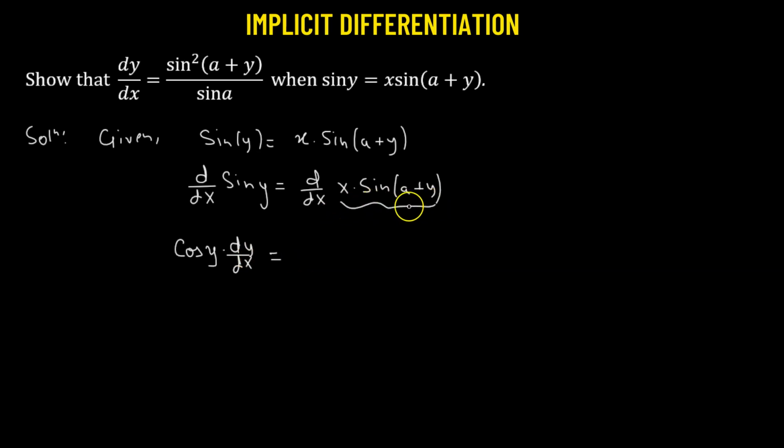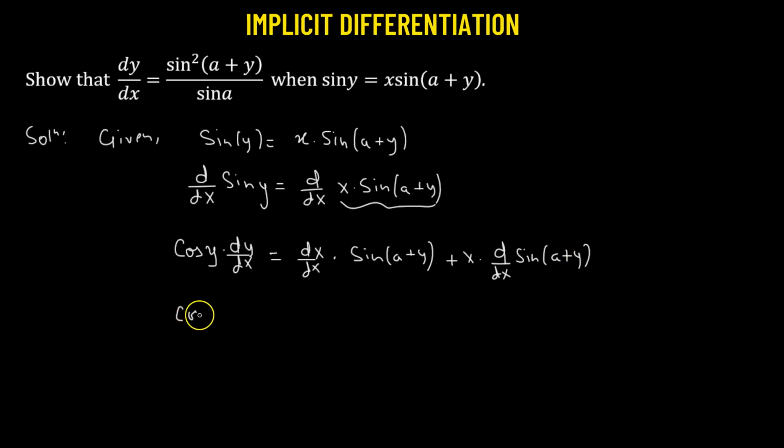Now, to take the derivative of x times sin(a + y) with respect to x, we'll have to use the product rule. So here we have the derivative with respect to x of x, which gets multiplied by sin(a + y), plus x times the derivative with respect to x of sin(a + y).